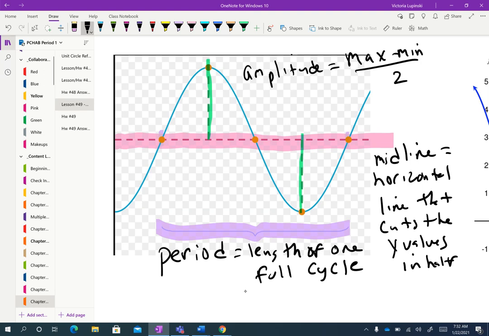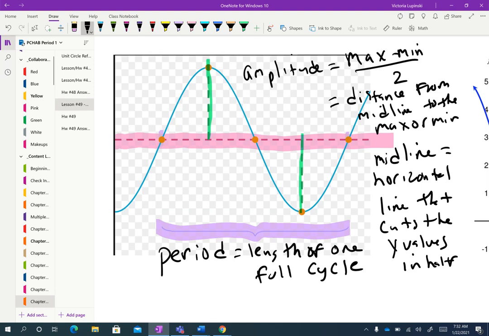Probably an easier, a little bit of a friendlier way that we're going to use it is it's the distance from the midline to the max or to the min.